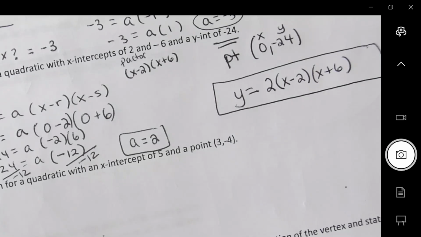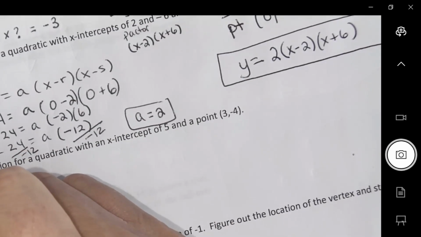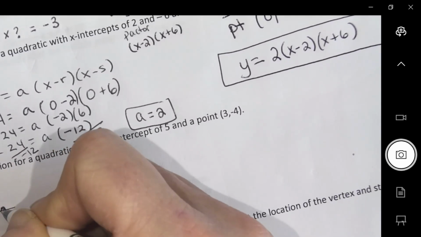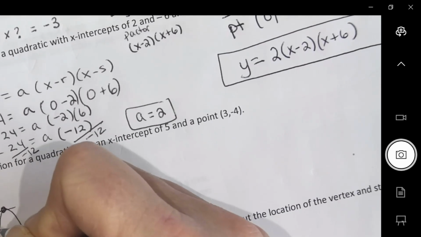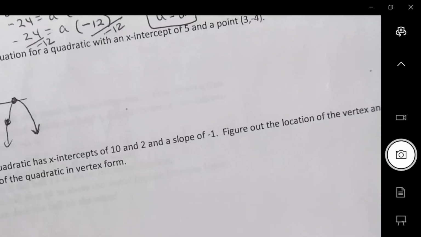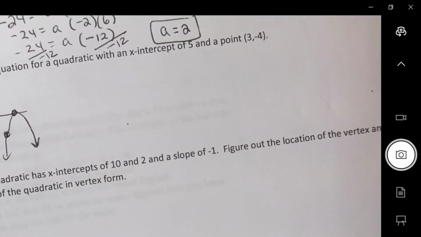Okay. Ooh, this one is tricky. I don't know if I'll ever put one this tricky on here. So this one is a quadratic with an x-intercept at 5.